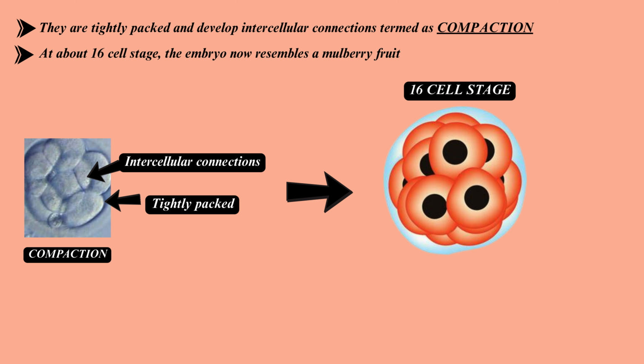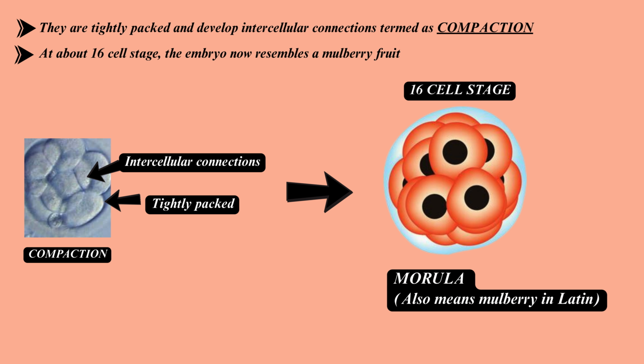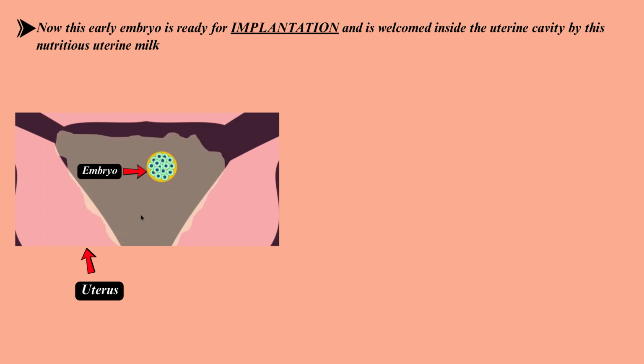So this stage is called Morula. The early embryo is now ready to implant. It is welcomed inside the uterine cavity by this nutritious uterine milk.